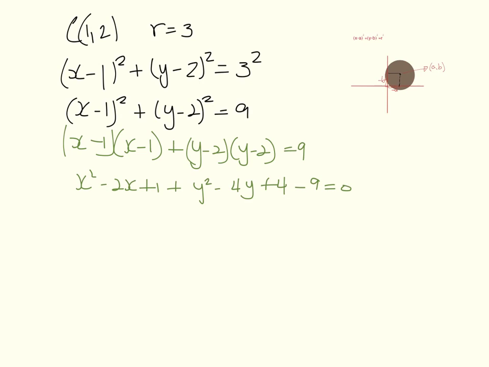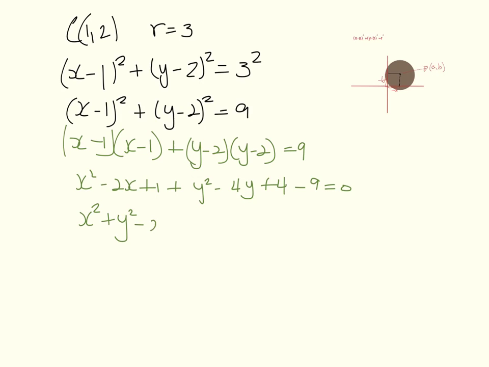There's nothing left over there. The x squared and the y squared, you can just add them together like this, x squared plus y squared. There's nothing else you can do about that. Minus 2x minus 4y, nothing else we can do about that.